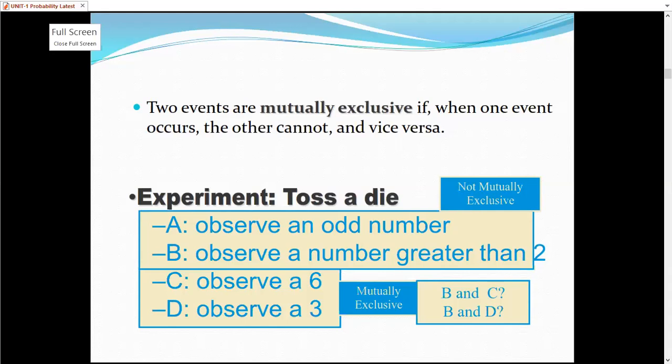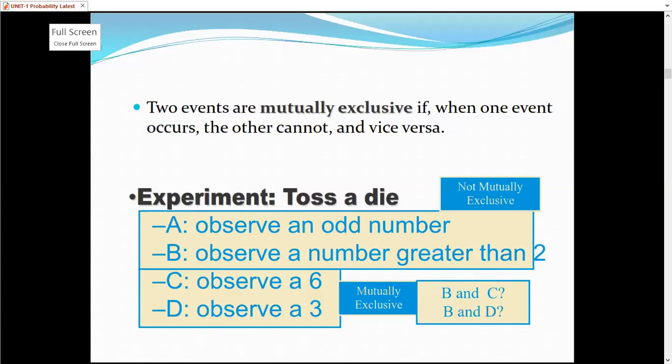So these two are not mutually exclusive because they have common elements, simple events, that is E3 and E5, in A and B. So you can say these two are not mutually exclusive.